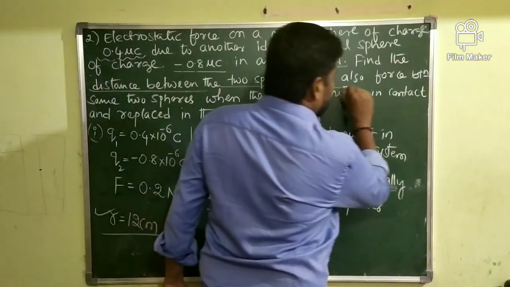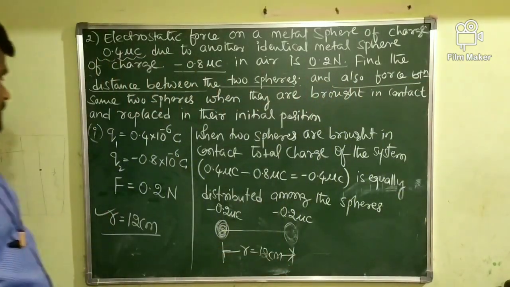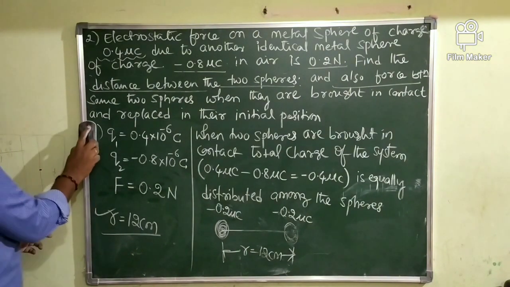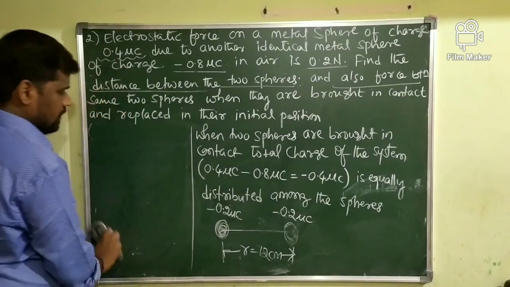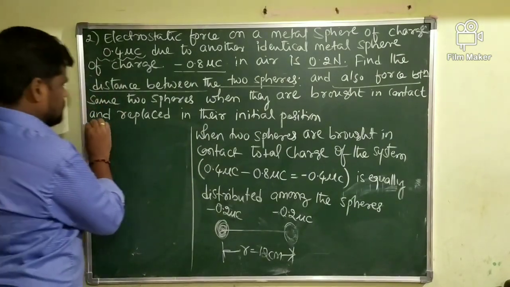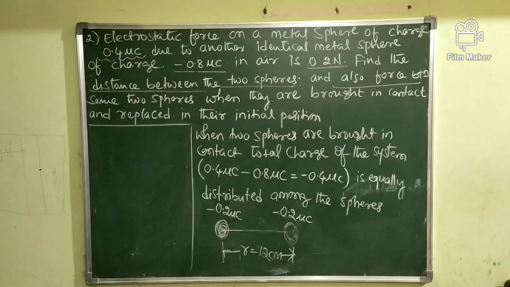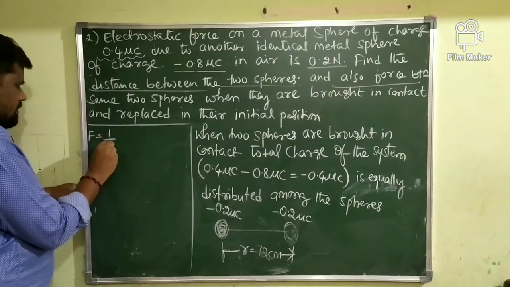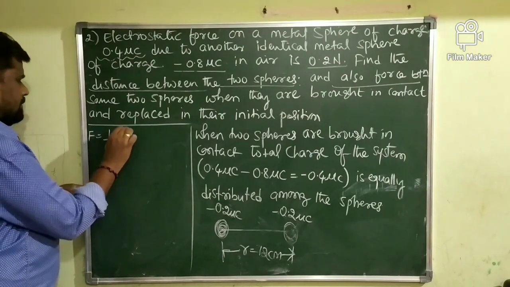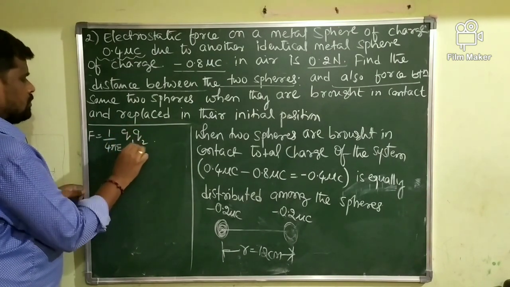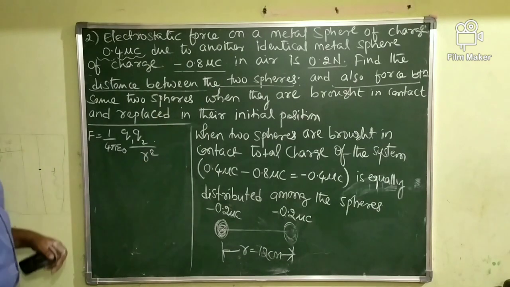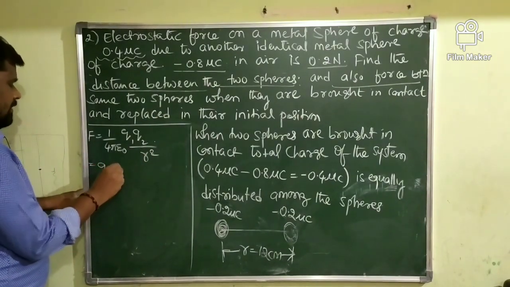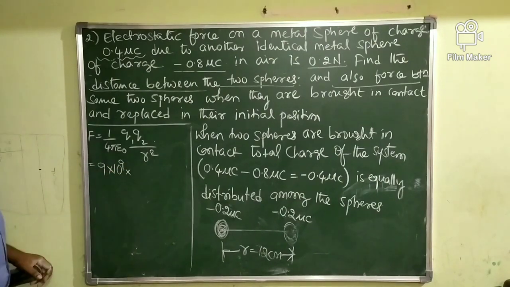Now you have to calculate the force. How do you calculate the force? The force can be calculated by using Coulomb's law. F equals 1 divided by 4 pi epsilon naught, Q1 Q2 by R square. 1 divided by 4 pi epsilon naught is 9 into 10 power plus 9.